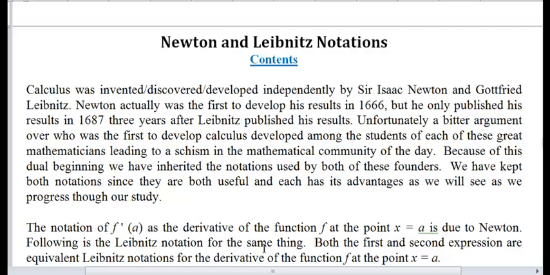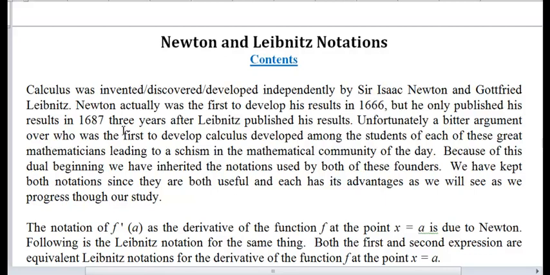He developed his results in about 1666, but only published them 11 years later, in 1687, in this massive work called the Principia Mathematica, in which he outlined not only calculus, but also his laws of motion, laws of gravity, and how this applies to the planets. So this probably is one of, if not the most important scientific and mathematical works ever written.